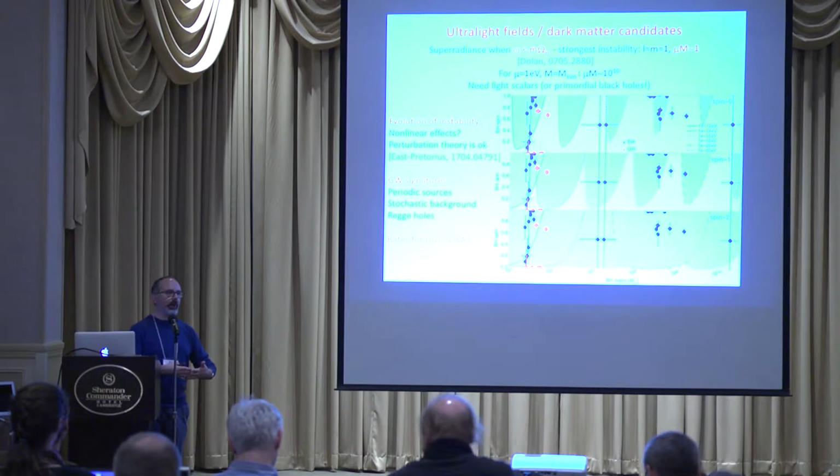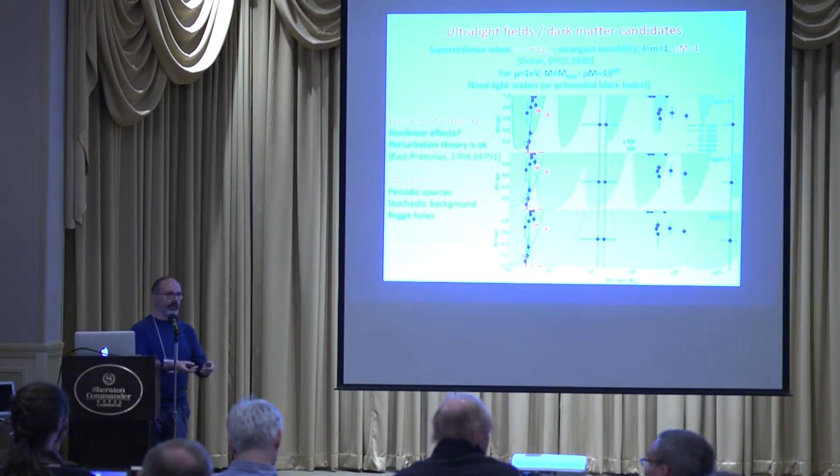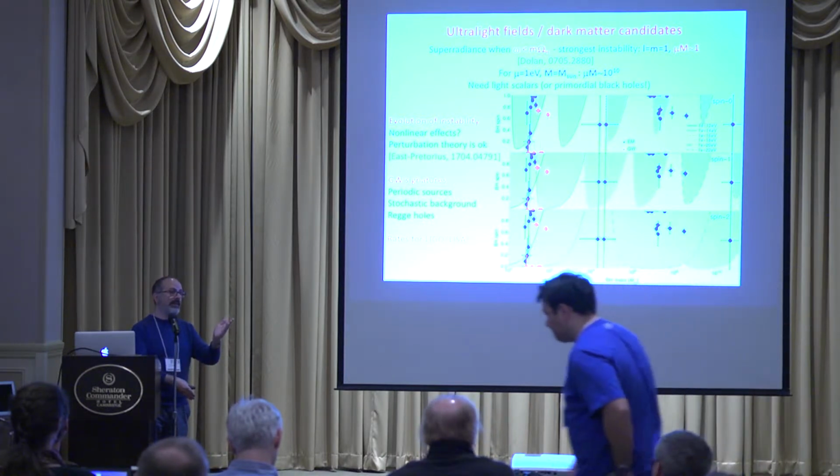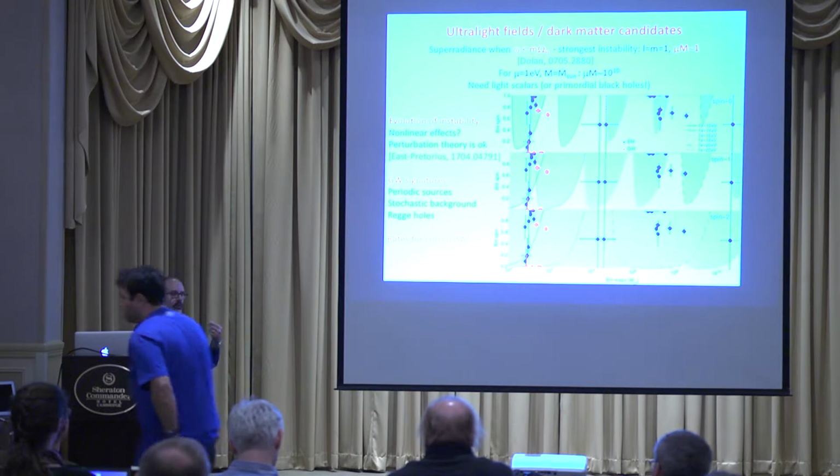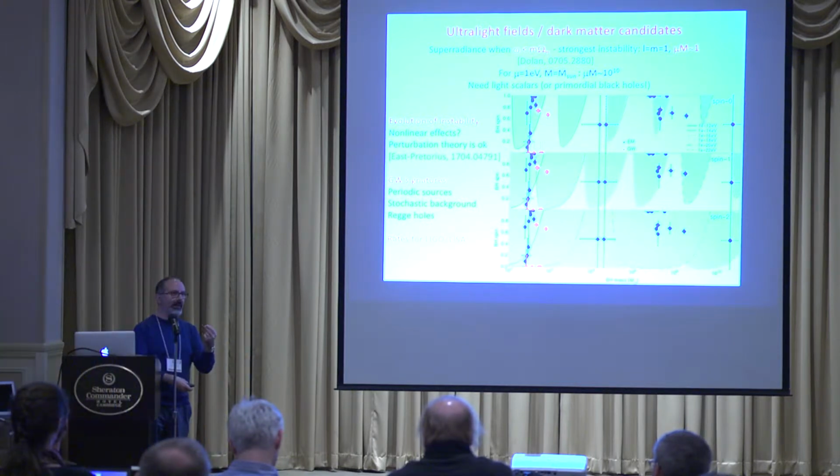And the big problem has been so far that the time scale that is associated with black holes is the dynamical time scale M, and the growth rate of this instability is much longer. So if you want to watch the growth of a scalar field, you have to run your simulations for unrealistically long times. Because the vector instability is so much faster, they said, well, let's try to evolve that.